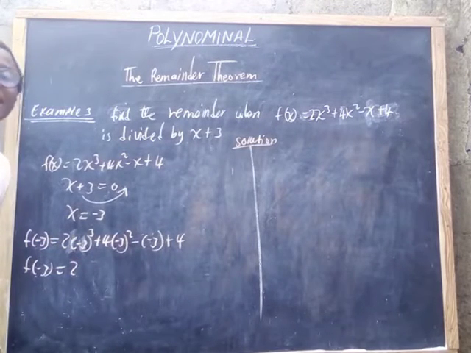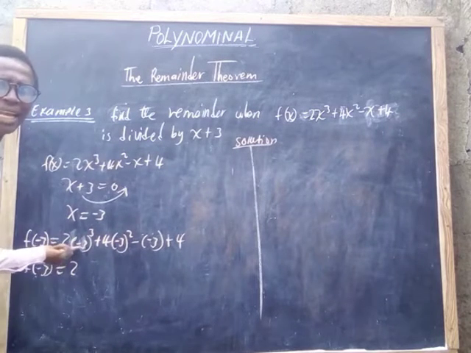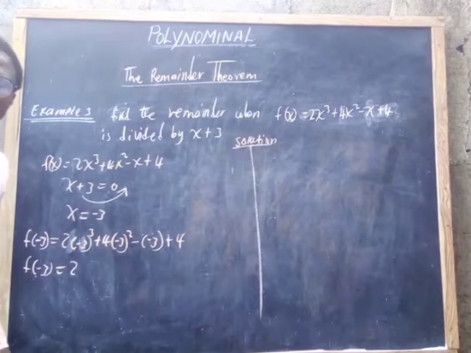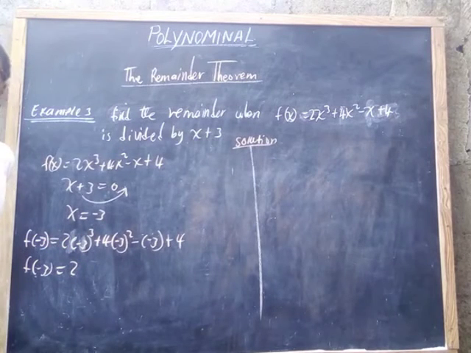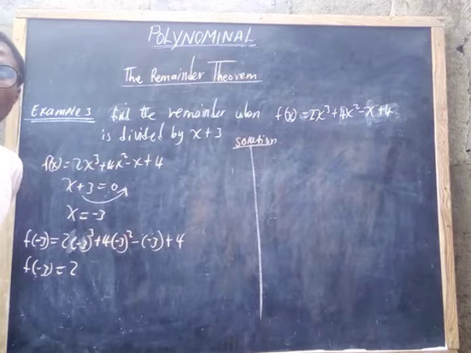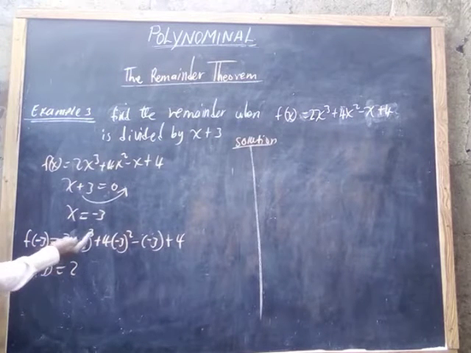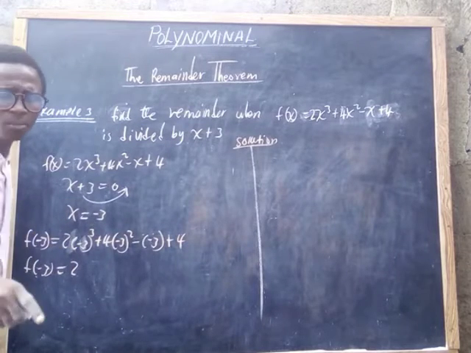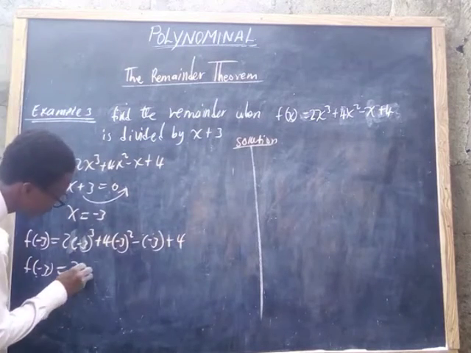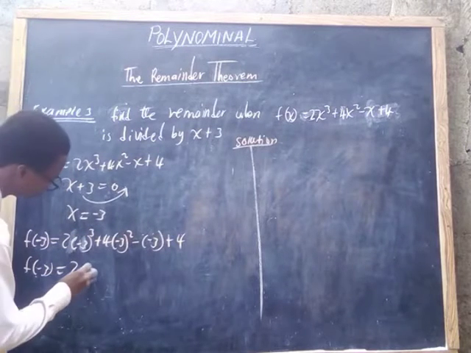So minus 3 cubed is equals to what? Minus 27. I told you earlier that anytime you cube a negative sign, it will still be negative. But if you square a negative sign, it will become what? Positive. Do you know that? Good. So 3 cubed is just 27, and the negative sign will still be there.